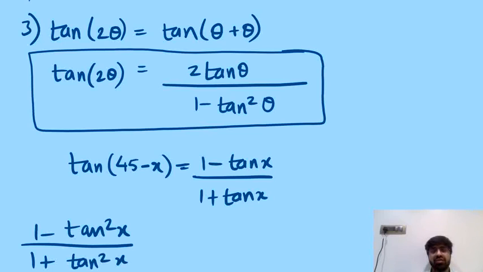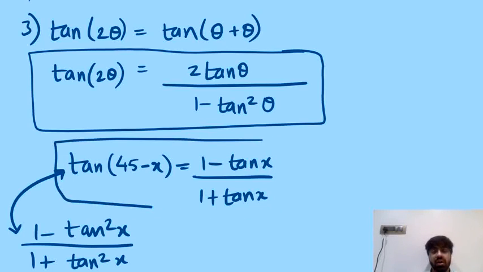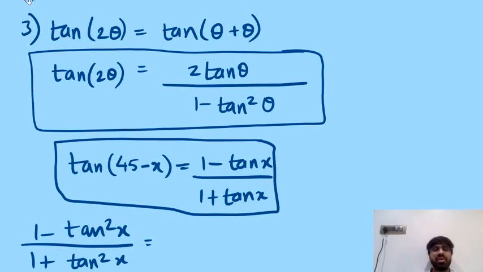You need to avoid confusion between the two formulae that I have written over here. This is a different formula, and the formula that we are deriving now is going to be a different formula. So the simplification we are trying to do is for this expression, 1 minus tan square x upon 1 plus tan square x. The denominator is sec square x. We can write it in the numerator as cos square x. That is multiplied by 1 minus tan square x.